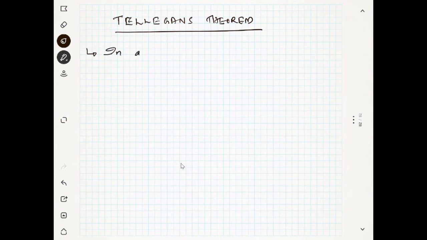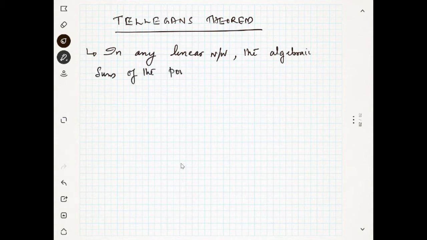In any linear network, I will write it as NW, the algebraic sum of the powers. The Tellegen theorem is talking about power.